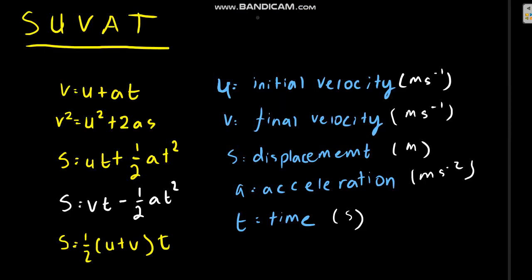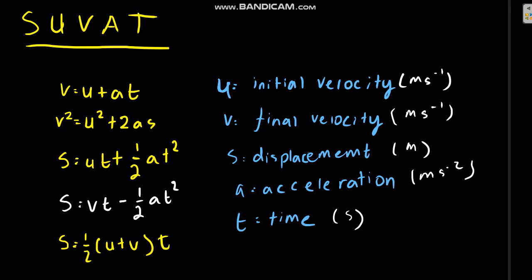Next thing you should be familiar with is the SUVAT equations. In the physics exam, we won't be given a formula sheet with these, so you should be able to memorize these equations by heart.